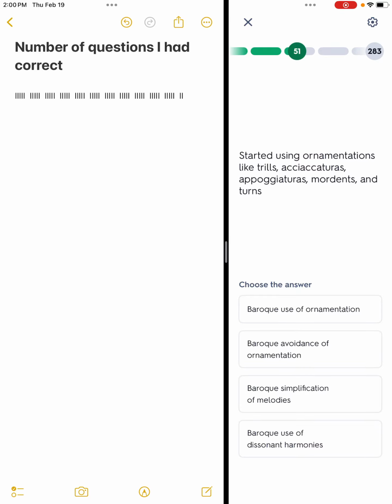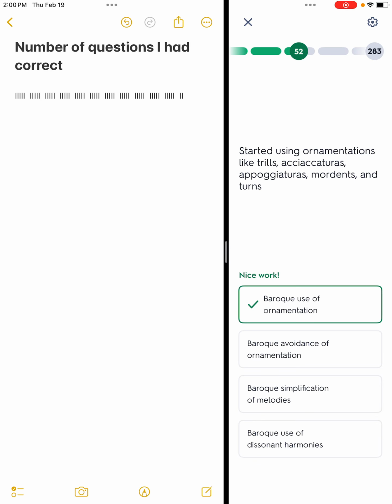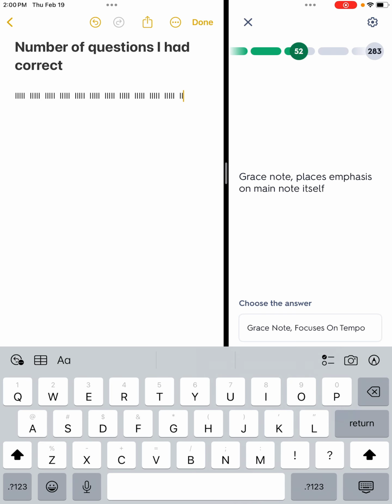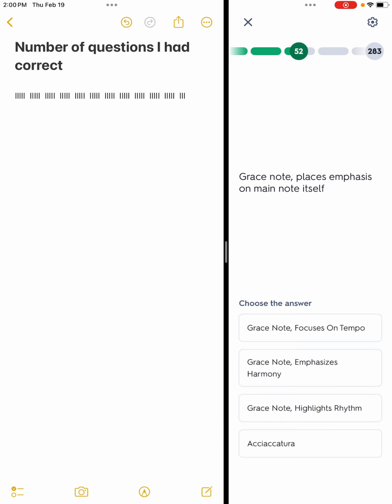Started using ornamentations like trills, acciaccaturas, appoggiaturas, mordents, and turns. Ornamentation has to be. Grace note places emphasis on the main note itself. Acciaccatura.